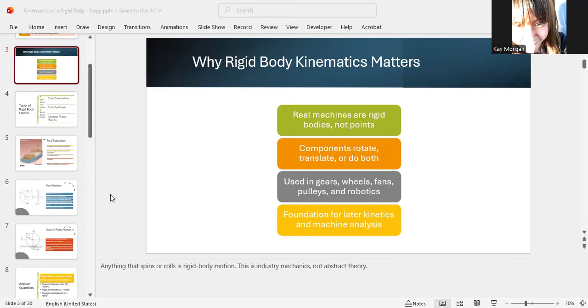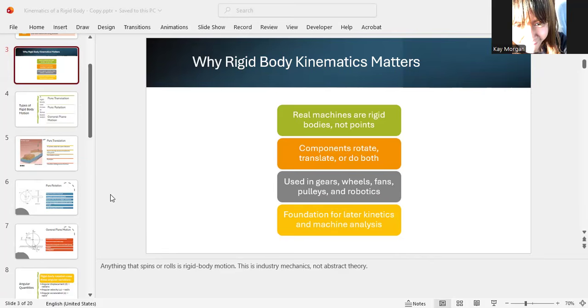If you think about a body, it's not a circle anymore, it becomes a rotating thing spinning about an axis. And very often they do both at the same time: they translate and rotate at the same time. It is really important.